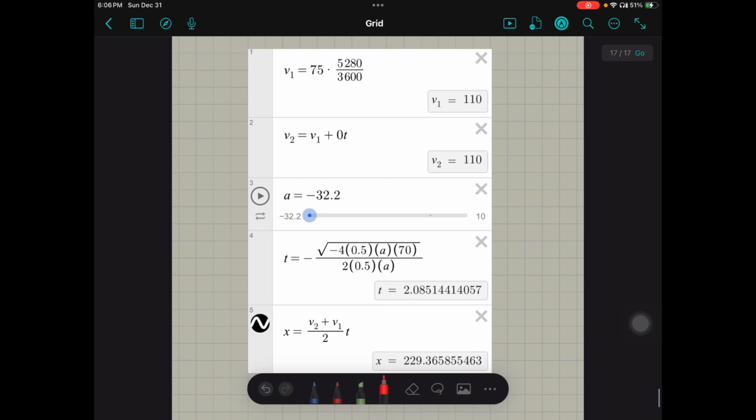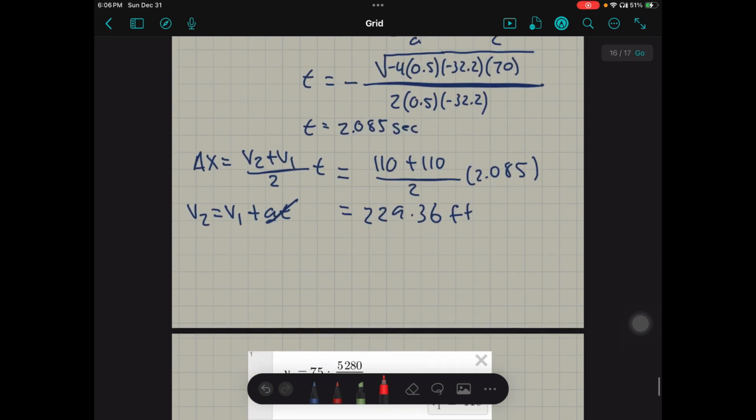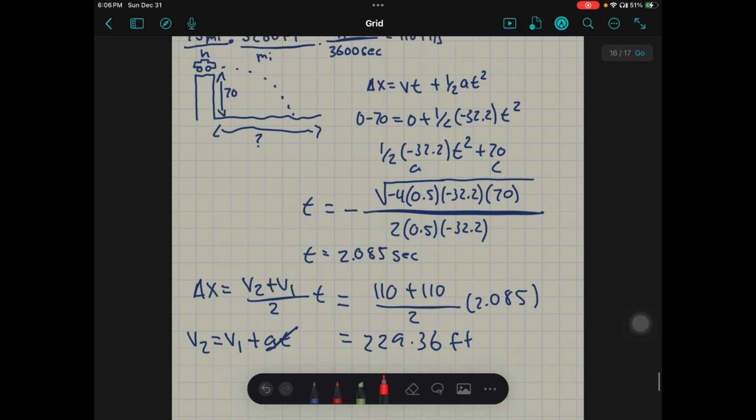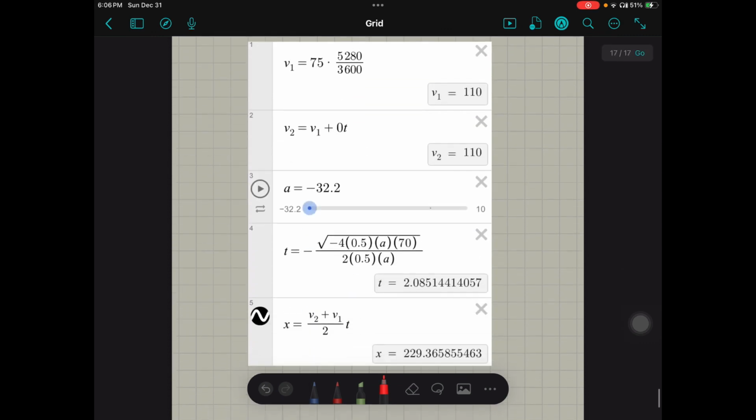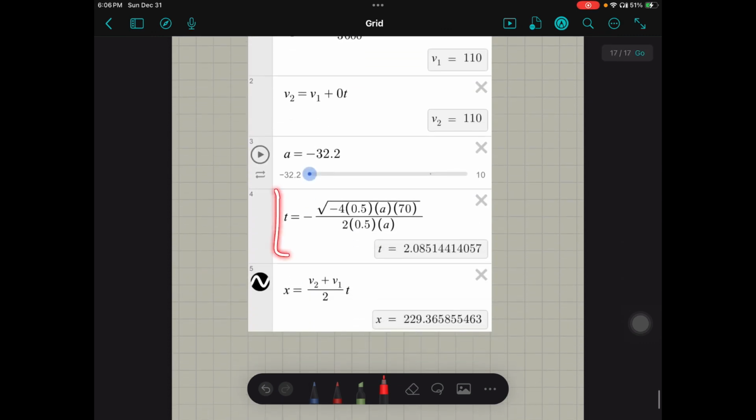From there, we can try solving for time. To solve for time, we use this formula and plug in our y values. We didn't have a velocity in the y direction, so that was just zero. We rearrange the formula into this form, and then use the quadratic formula to solve for time. And that's what we did right here.